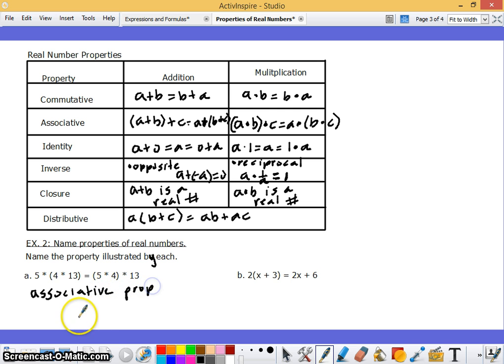Right here, where we have 2 times x plus 3 is equal to 2x plus 6, because 6 is 3 times 2, we know that this is the distributive property.